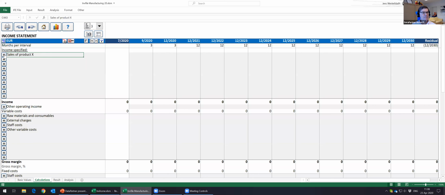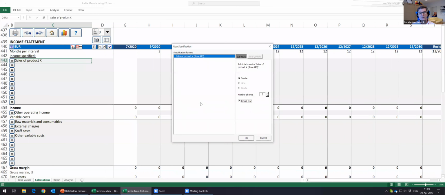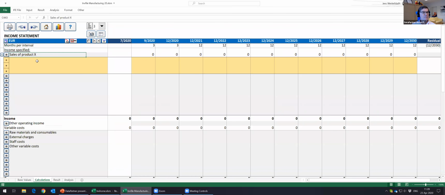Okay, so I manage with 3 rows. Yeah, let's do it like that. There are different options how I could do it, but in Invest for Excel, there are thousands of different ways to do it, so it's up to yourself how you prefer to do it.